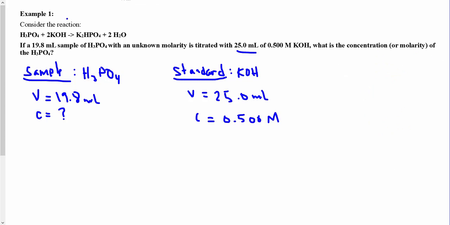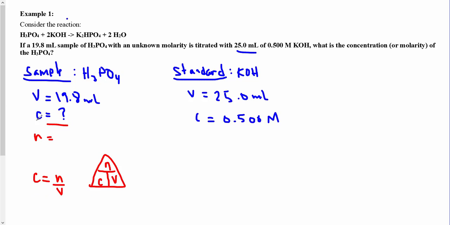Let's go ahead now and figure out how we are going to get to the concentration of our sample. Recall that in order to figure out concentration, we need to know moles. We have the volume, but we don't have the moles. So we're going to use that C is equal to moles over volume, which can also be written in the handy triangle, C on the bottom, n over V. So once we know the moles of our sample, then we can find the concentration.